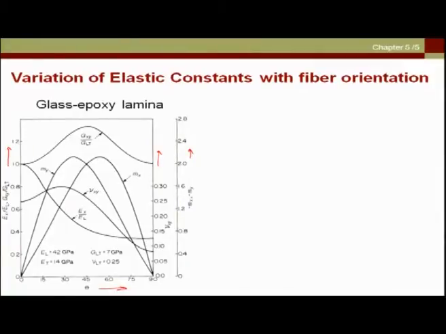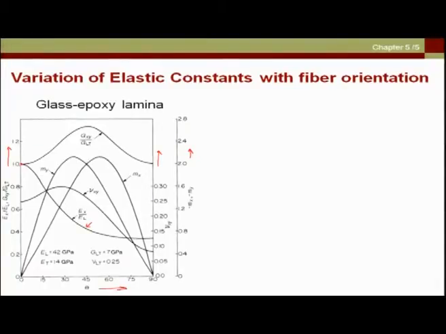So, let us look at first the variation of Ex, which is this curve. And what do we see? Ex divided by El is equal to 1 at this point, which means that when theta is equal to 0 degrees, Ex will be equal to El.